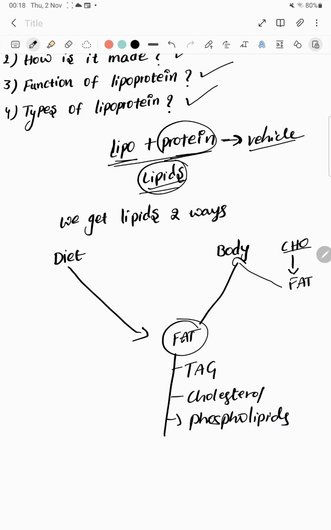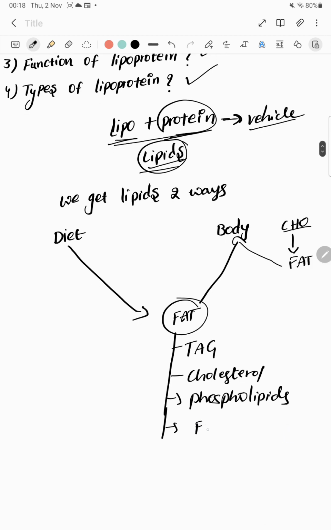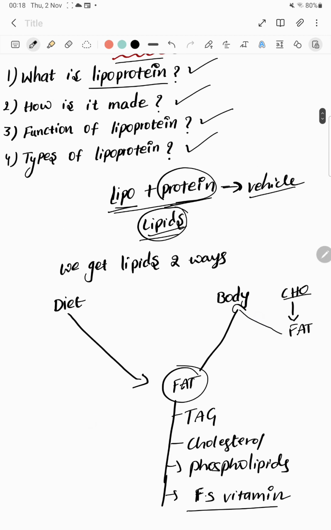All these are the types of fats in the body, and one more is fat soluble vitamins. Via diet we also take fat soluble vitamins, but our body cannot synthesize them. Only vitamin K is synthesized by the body. The remaining ones we get from the diet. So all these we get from diet and also from the body, except fat soluble vitamins.